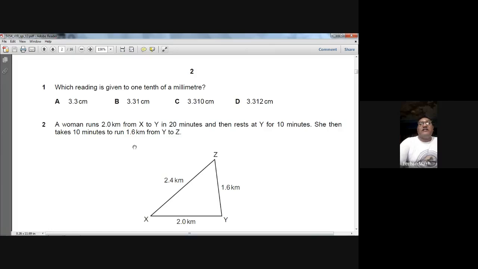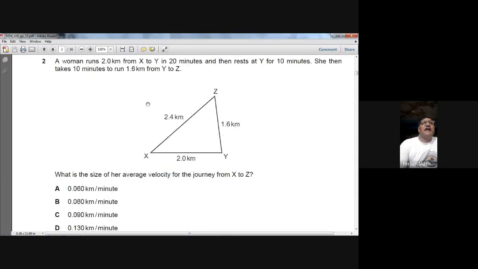So which reading in centimeter goes to 2 decimal places? This is B. So this is correct to 1/10 of a millimeter because it is going to 2 decimal places, and the unit is centimeter. So B is the option.